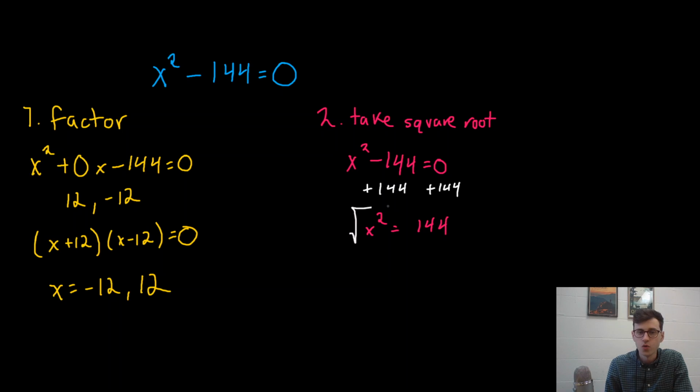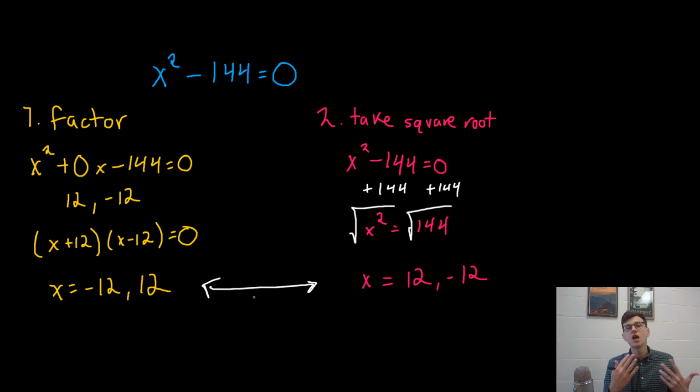The square root of 144 is x equals 12. And remember, it's positive 12, but it also could be negative 12, as we found over here. And look, these are the same. So that's another way that you could think about solving equations like this. Let's do one more, and then we'll call it a day.